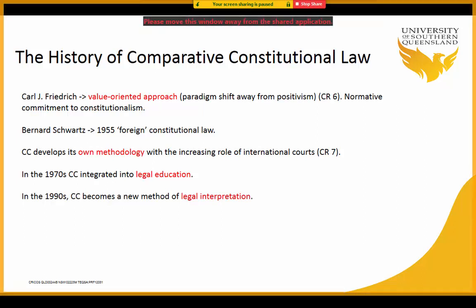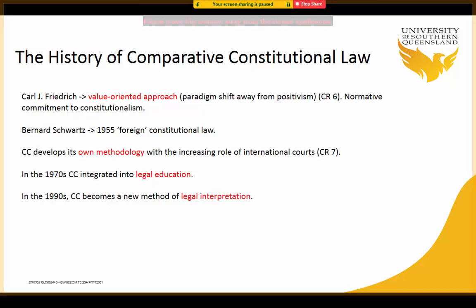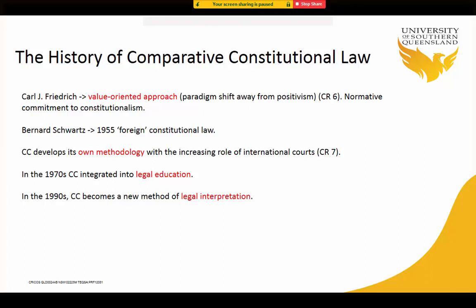And then in the 1990s, after the fall of the Berlin Wall and the breakdown of the Soviet Union, the importance of comparisons grew to the point that comparison of constitutions became a new method of legal interpretation.